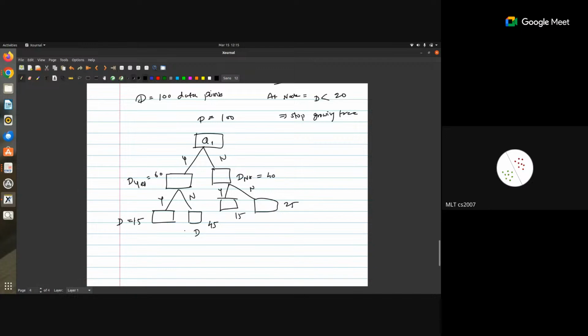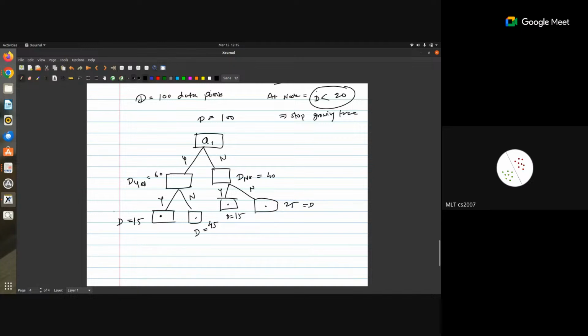So what do you do here? Actually, see, what I'm saying is the entropy at this point is not equal to 0. So the entropy at all these points is not actually equal to 0. But we have already decided that if the number of values in the sample, or this data set, goes less than 20 at any node, we will not grow the tree, or will not ask the next questions, right?